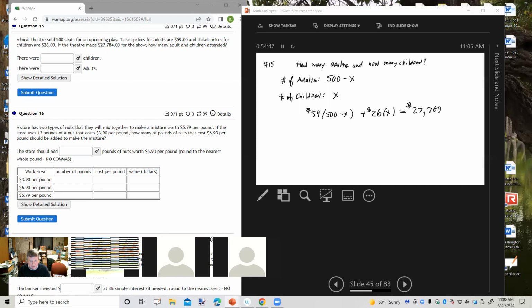Yeah. All right, so let's come up with our simplification here. Let's see, 59 times 500 is 29,500 minus 59x plus 26x equals 27,784.